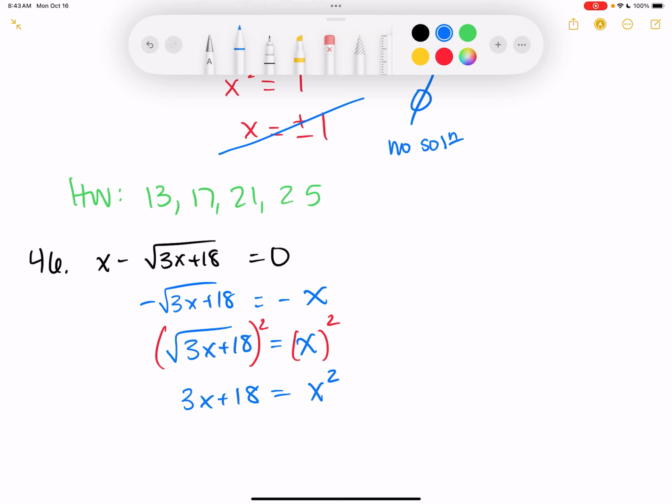Now I'm solving the equation, so that step is the new stuff. From here on out, it's what we were doing at the beginning of this section before. So I'm going to move this stuff over. So 0 is equal to x squared minus 3x minus 18.